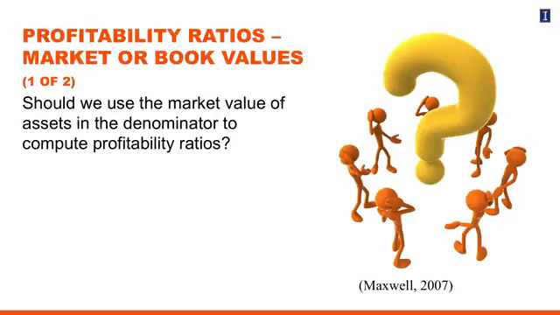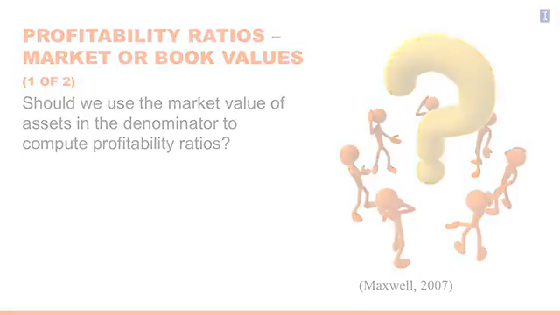So for example, just to give an example here for you to understand what we're talking about, ROA is going to be defined as OPAT by assets, right? And the question is, should you use the market value of assets, right, or the book value to compute profitability ratios? Okay, so think about that for a while.